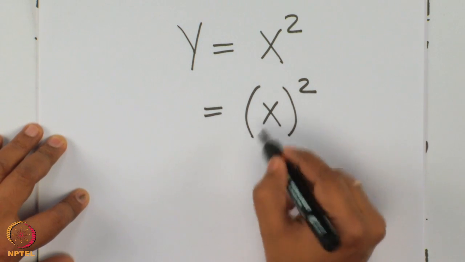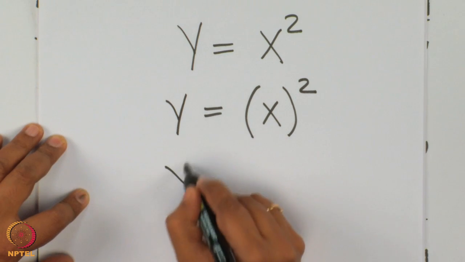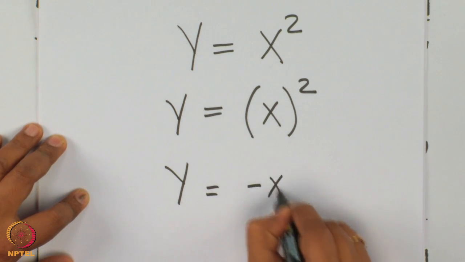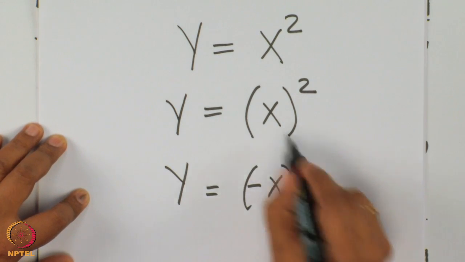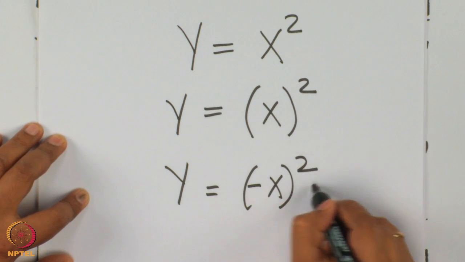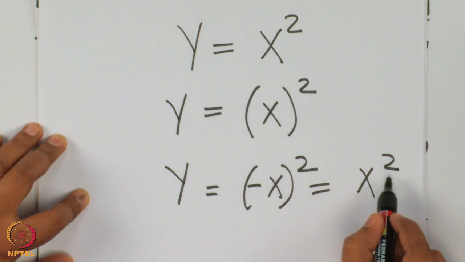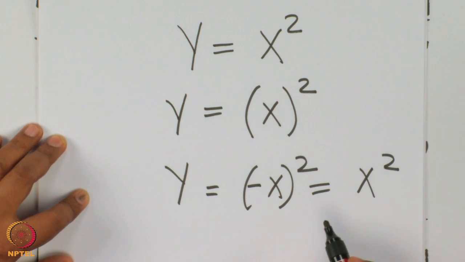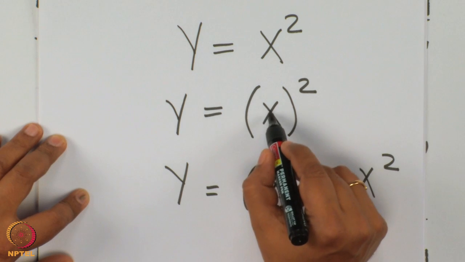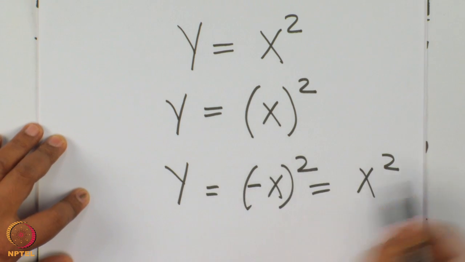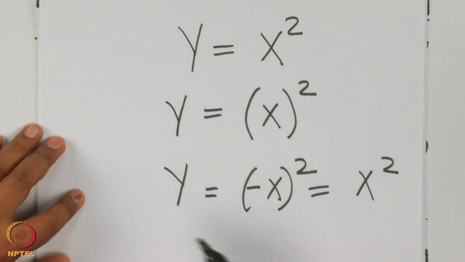Now if instead of x we put minus x, we will also get x square. So minus x square is also x square. The point here is that whether you put x or minus x, the y value is exactly the same. So this is a symmetry.